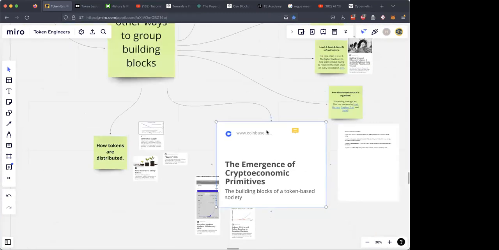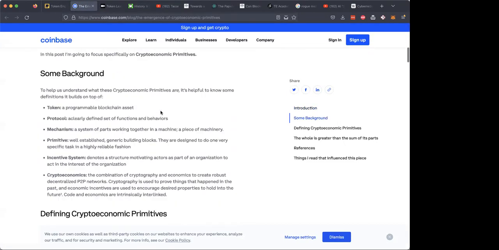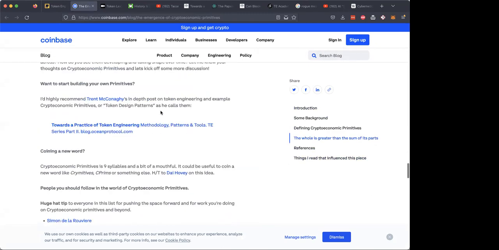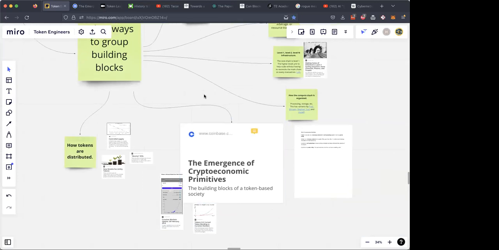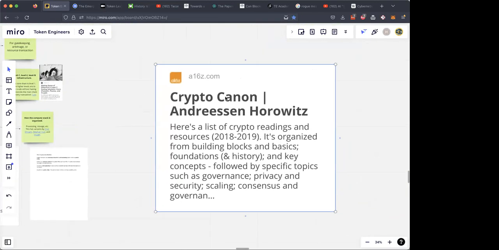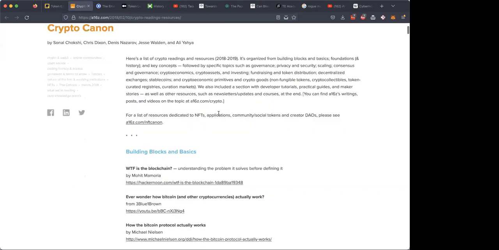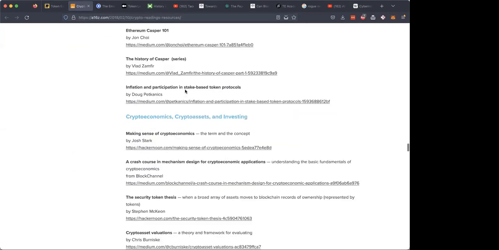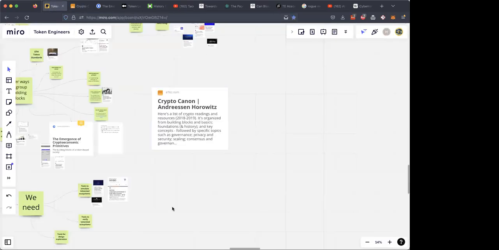So if one of you wants to go into it, you can read this one and give us an overview of this article. And I think this is the end-all of these resources, because it has almost everything from 2018, 19, many good articles. You only have to read all these to understand what token engineering is. Super easy.